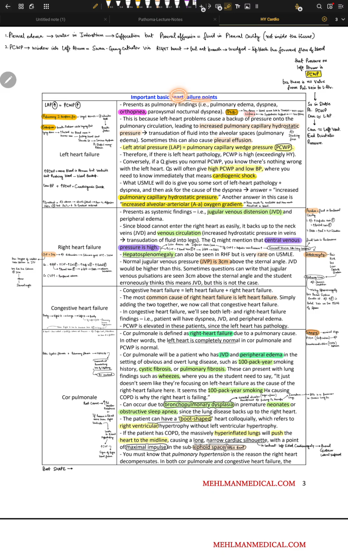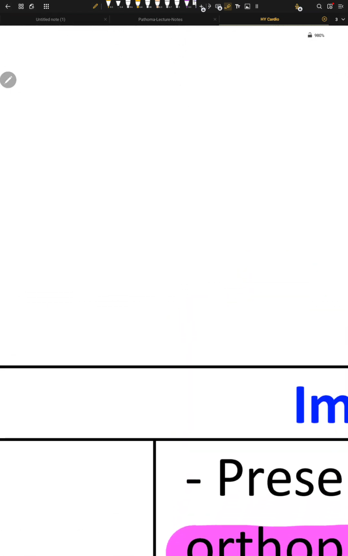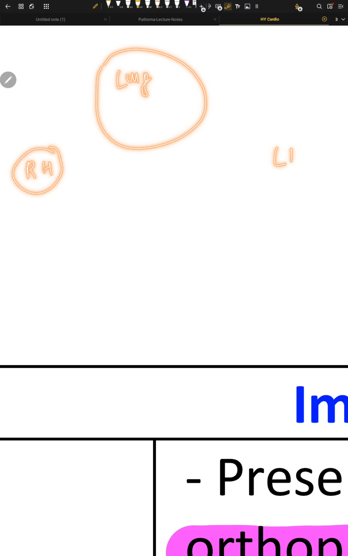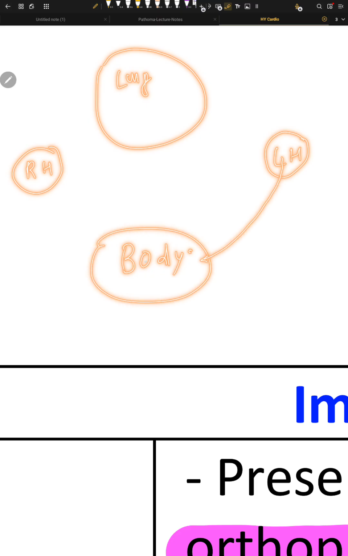So basic heart failure. First is left heart failure. I want you to understand something. This is your lungs right here. This is your right heart, this is your left heart, and this is your body. The left heart pushes the blood to the body, and the body uses the oxygen from the blood and pushes the oxygen inside the tissues.